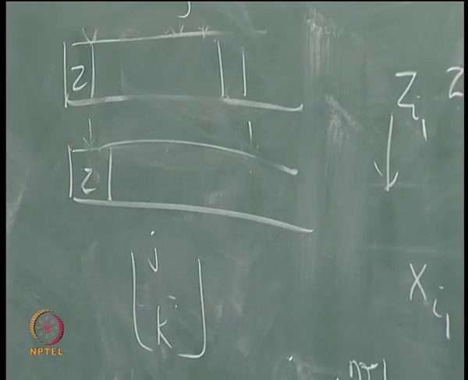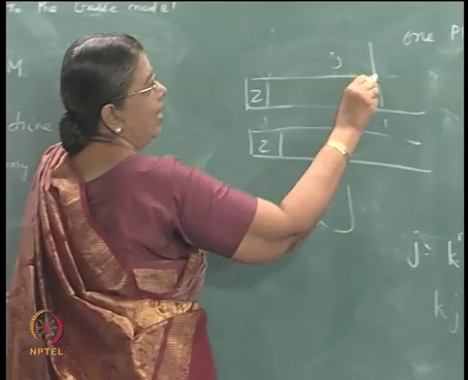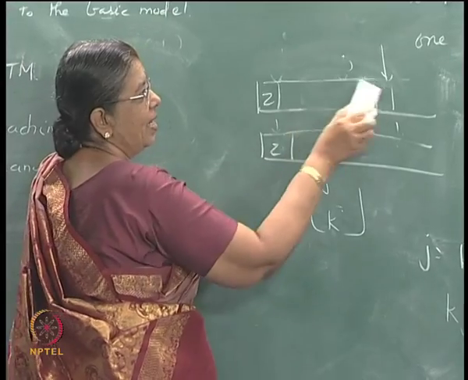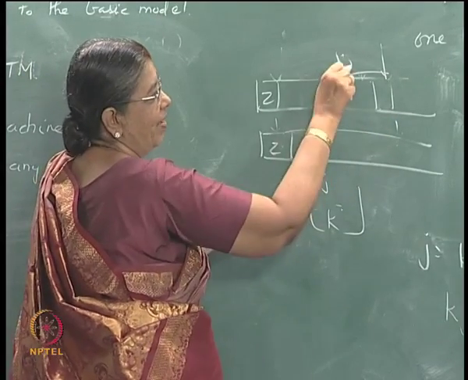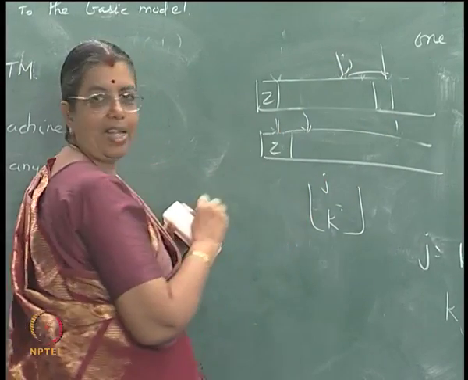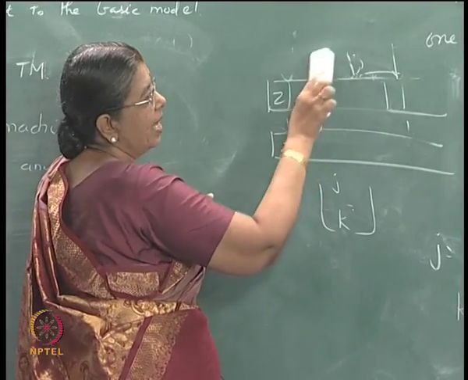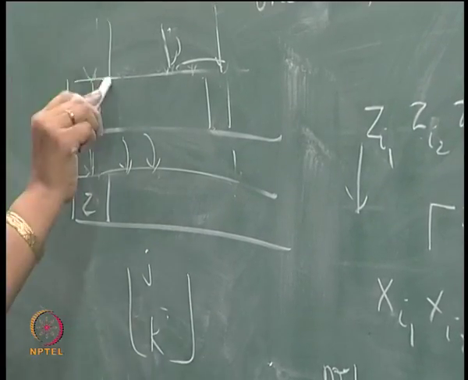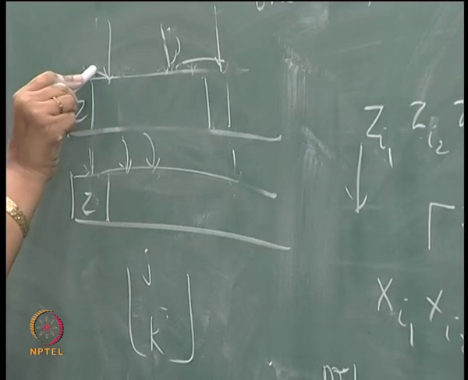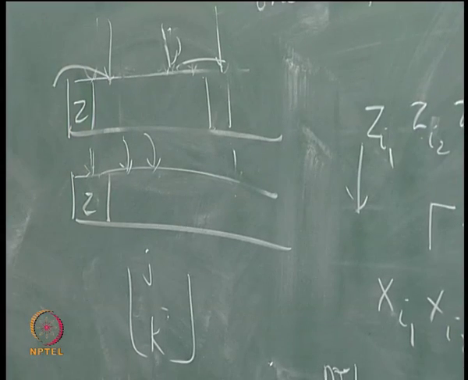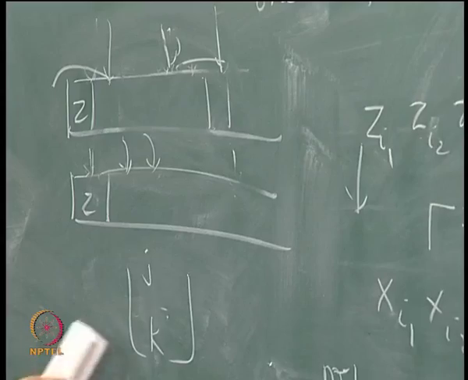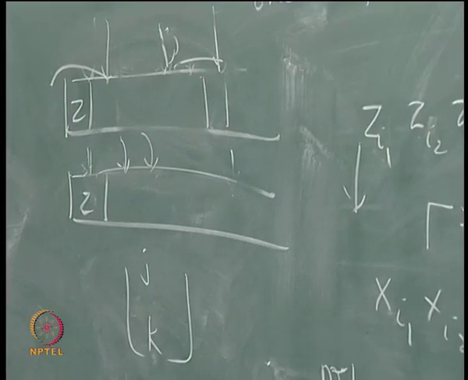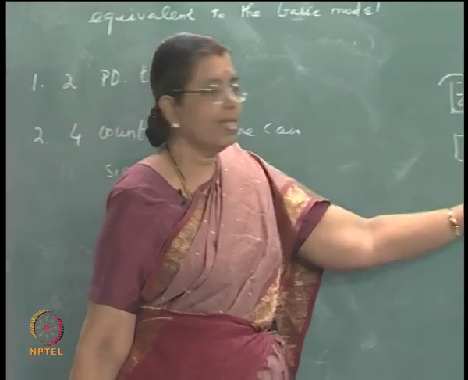How can you get it? Here the tape head is pointing here. Move it k cells to the left, move the other one cell to the right. Move this k cells to the left, move the other one cell to the right. So, finally when it tries to move left of this Z, you stop. At that time you will have the quotient of j divided by k in the second tape.